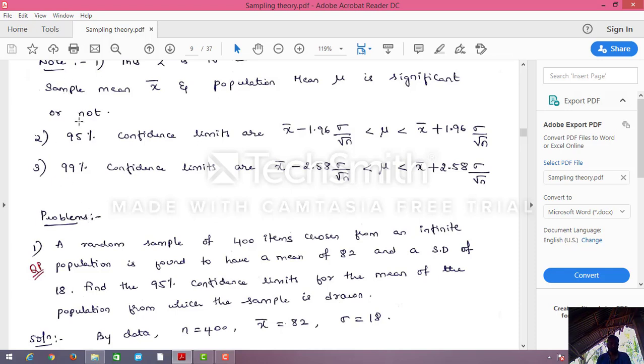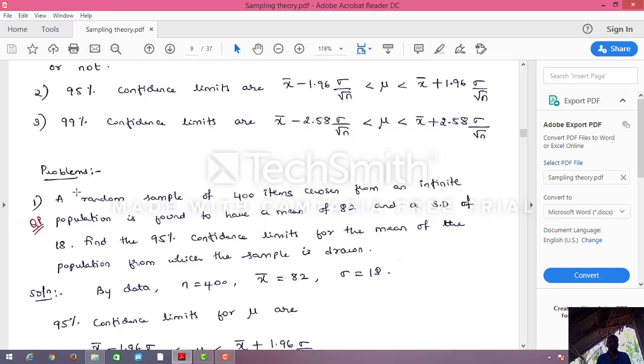Now, we'll see the problems on this. A random sample of 400 items chosen from an infinite population is found to have a mean of 82 and a standard deviation of 18.